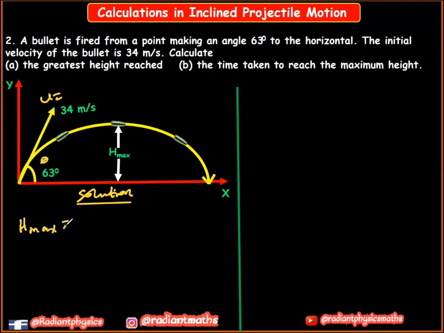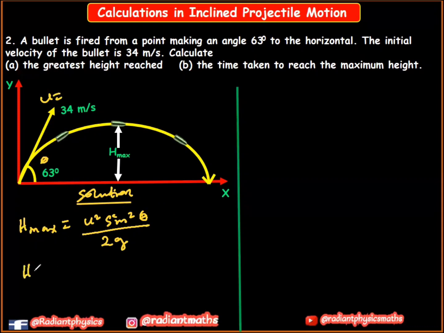Maximum height is equal to u squared multiplied by sine squared theta divided by 2g. Now, all we need to do is to plug in the values that we have. So we have the initial velocity, which is 34.